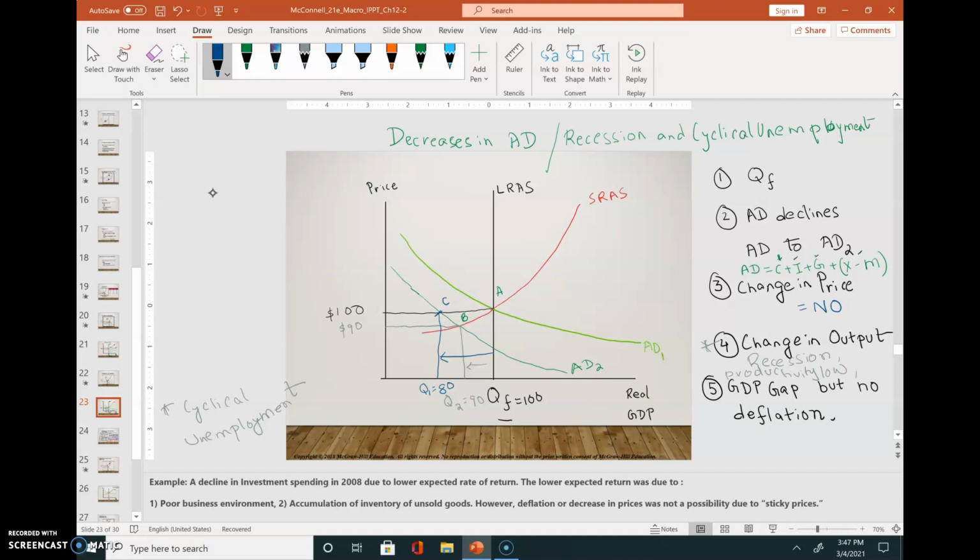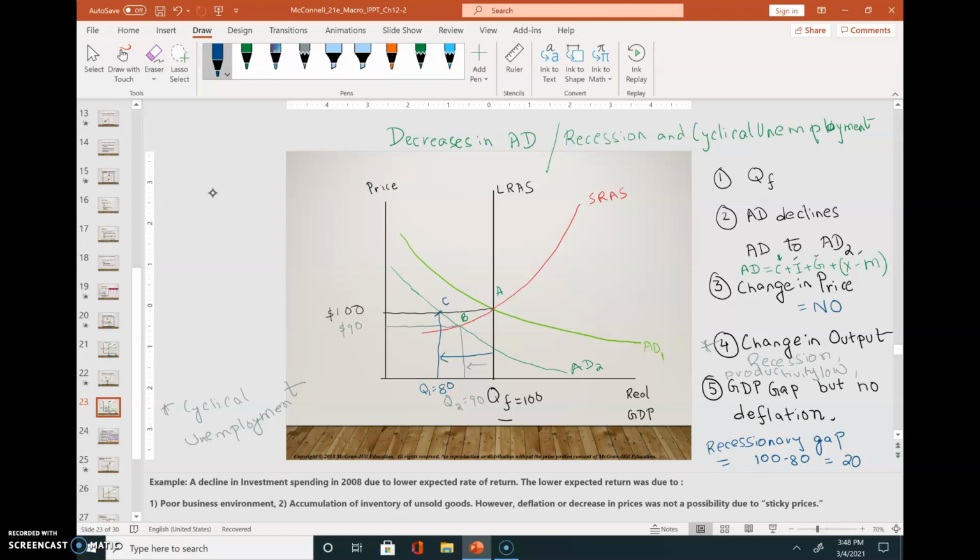So we have a recessionary gap, and the recessionary gap here is 100 minus 80, which is 20. Right, so what did we see here? There is a recessionary gap but no deflation. That means prices are not going down even if we have a recessionary gap.